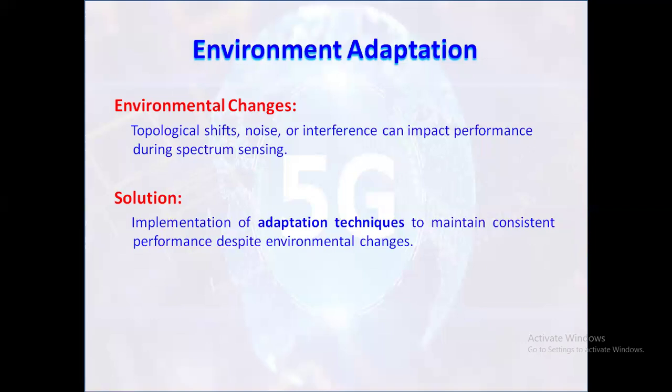To adapt to these environmental changes and maintain optimal performance, CR systems need to implement adaptation techniques. These techniques allow the system to adjust its strategies for spectrum sensing and transmission and reception in response to changing conditions, ensuring consistent and reliable communication in fluctuating environments.